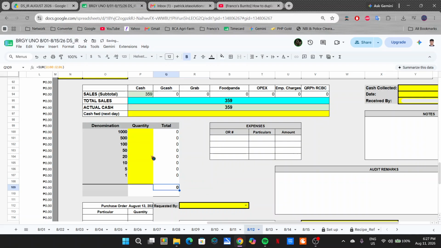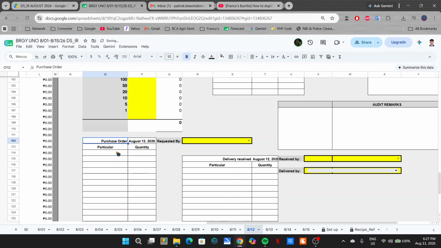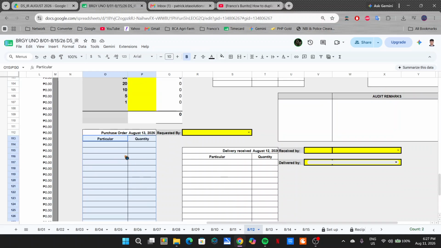Okay? So here, the expenses, of course, you'd have to add here the expenses since it was part of the cash register's money. Okay? Then, of course, your purchase order here, say for the next day.